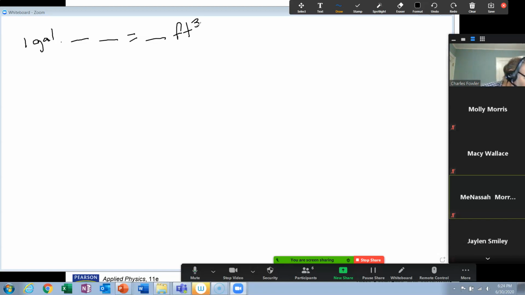Now, it says it weighs 8.34 pounds. So 8.34 pounds is going to be the weight. That's F sub W. Now this answer we get here, whatever that is, that's going to be our volume measurement.